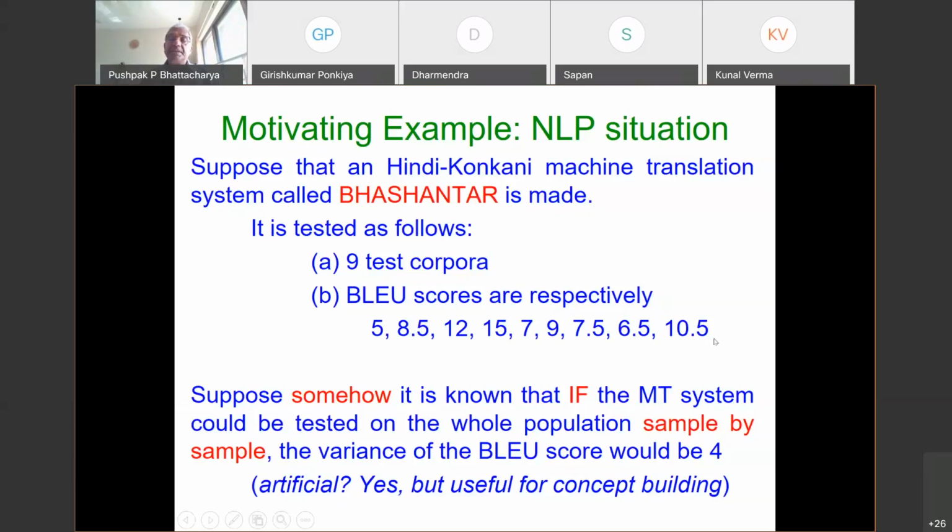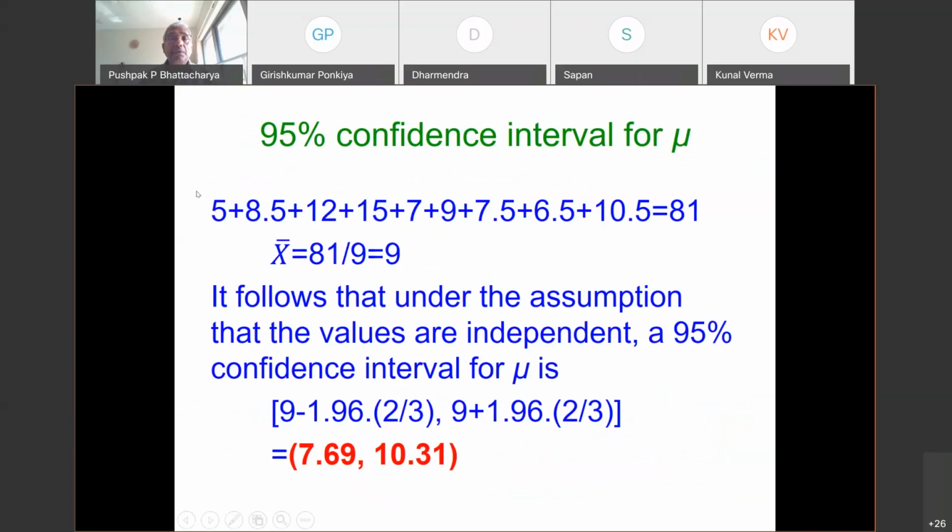So we have a set of 9 numbers, and these 9 numbers are our observation or data. Now, from these 9 BLEU scores, which are performance metrics, we get the sample mean. The 5 plus 8.5, etc., sum to 81. And the sample size is 9.